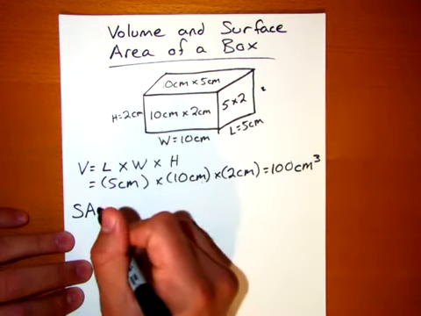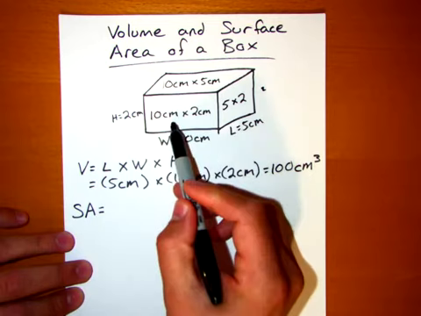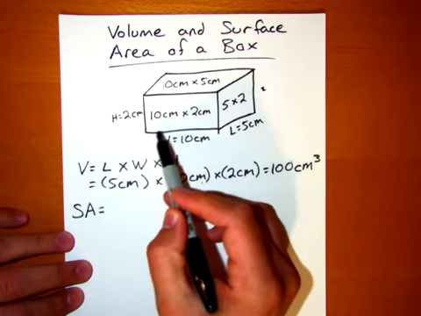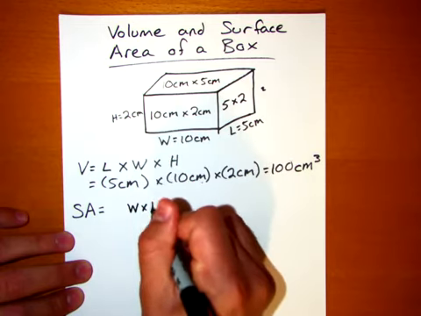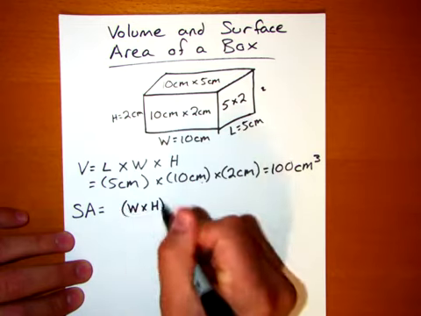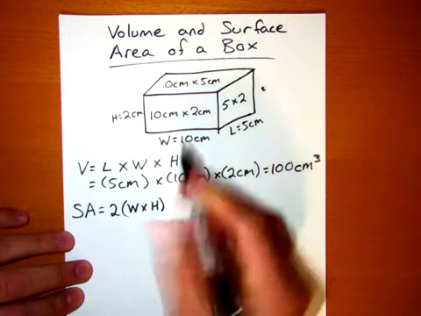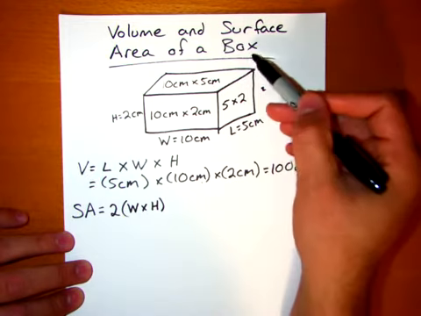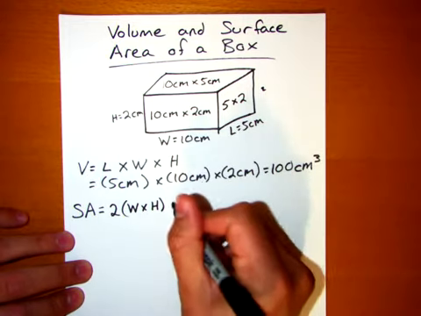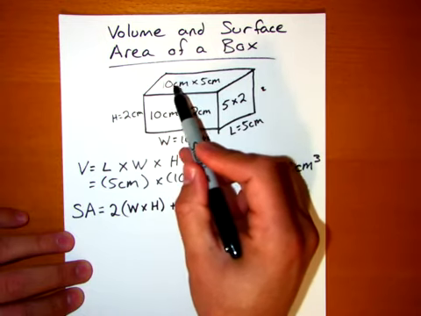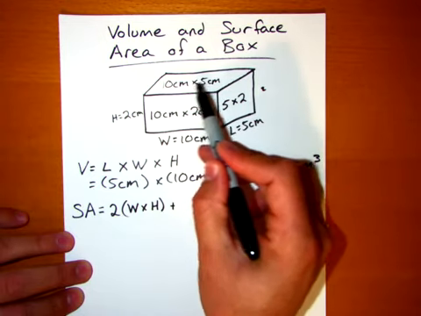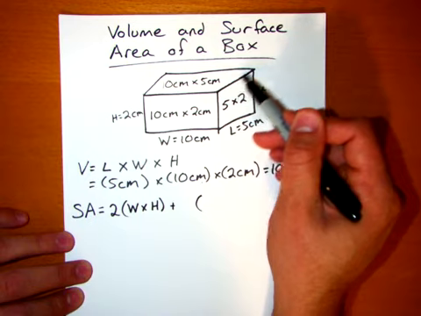So anyway, we take those 6 faces and we add them up. So there's this face in the front, which is the width times the height. And we're going to multiply it by 2 because there's one just like it in the back. And then we've also got this face on top, which is going to be the width times the length.